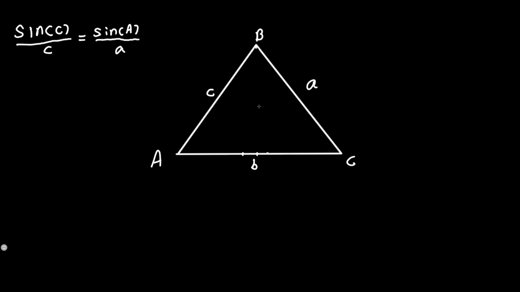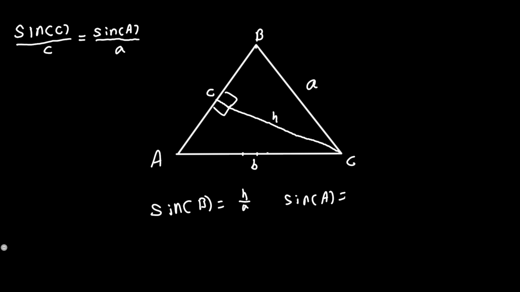So now we're going to bisect this triangle from angle C to lowercase c, and we're going to name this again H. And here we can say sine of B is equal to opposite over hypotenuse, which is H over a, and sine of A is equal to H over b.